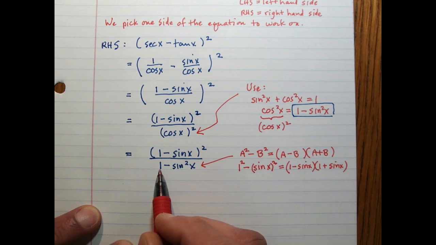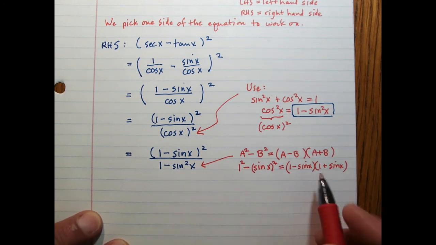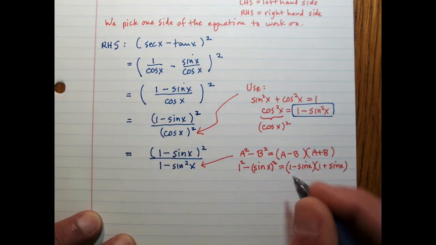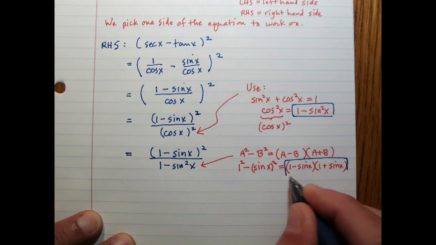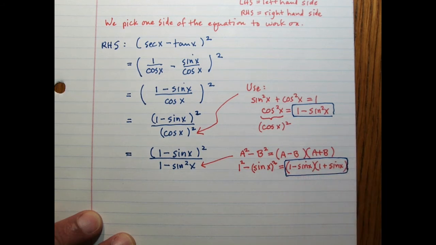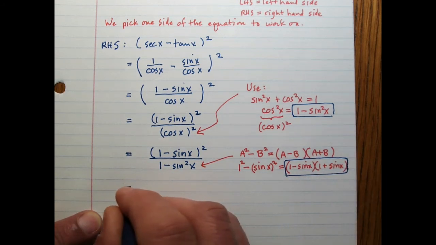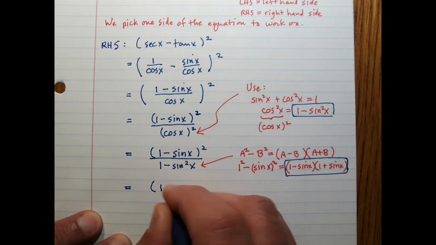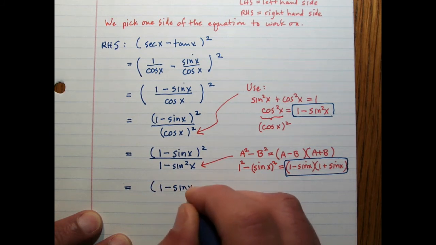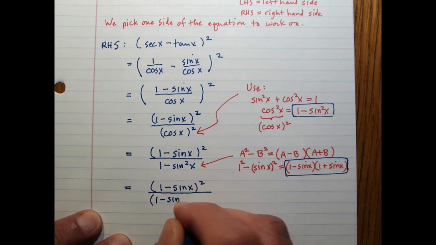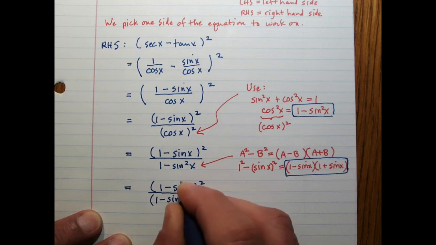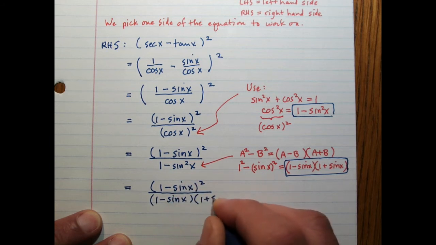This denominator, 1 minus sine squared x, then can be replaced with this factored form that I obtained on the right here. So let's go ahead and rewrite this now. I have 1 minus sine x squared over 1 minus sine x times 1 plus sine x.